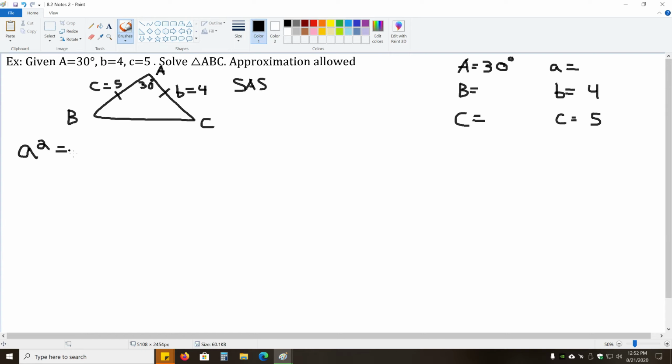We have A squared equals B squared plus C squared. So remember, you put your Pythagorean theorem, and then you always put minus 2. Remember, you start working backwards now.